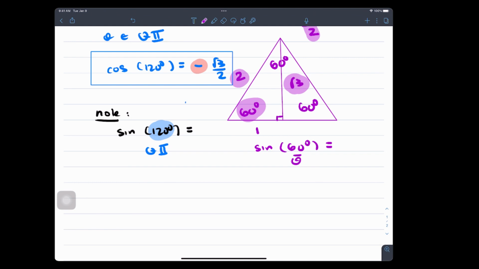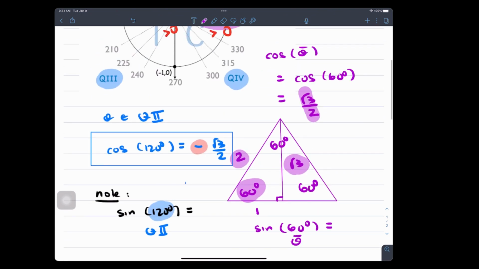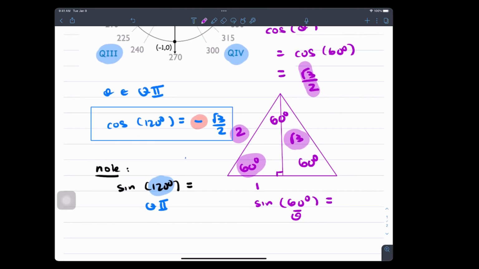Oh, wait a minute. Cosine is not square root of 3 over 2. What's cosine? Cosine is 1/2, ladies and gentlemen. That means this is negative 1/2. Okay?